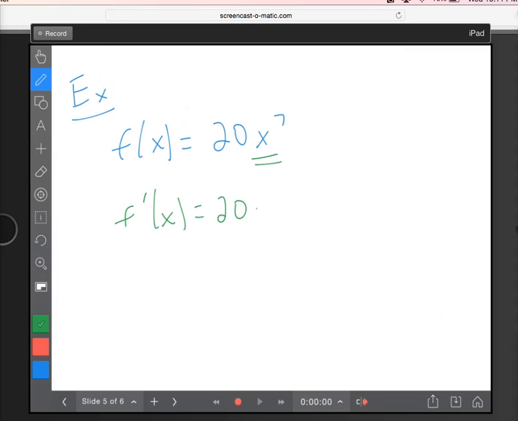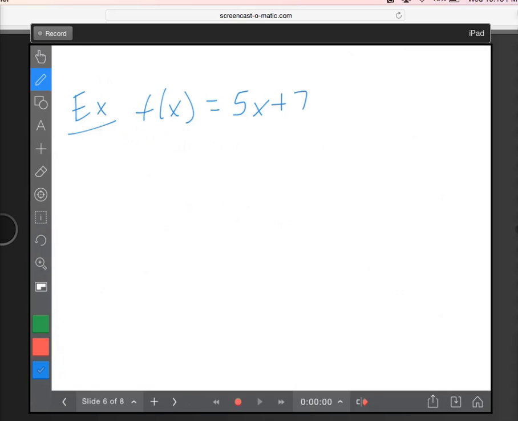And that derivative would be 7x to the 6th power. If we simplify this, we would get 140 times x to the 6th power. So now I'm going to ask you to do some problems. Try to do your best to answer the following questions, and then we'll continue the video in just a moment.